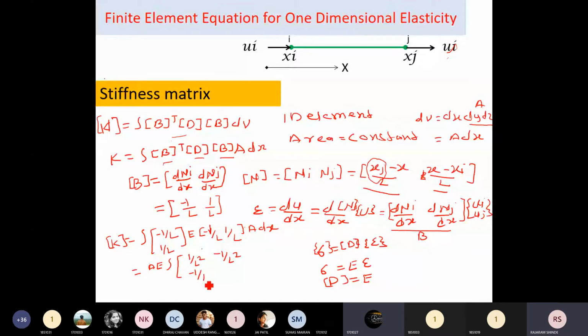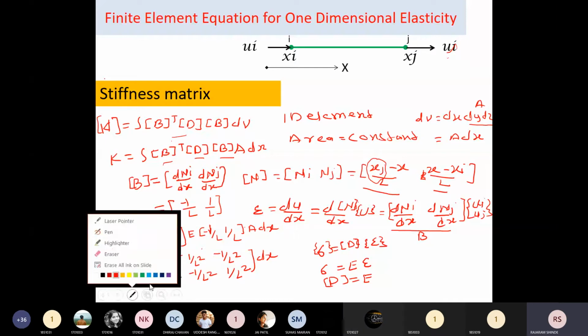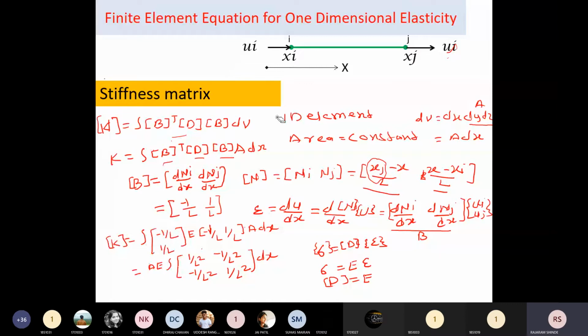Minus 1 by L square. Next is 1 by L square. Now this is your product, and again there is a dx. AE I have taken out of the integration.